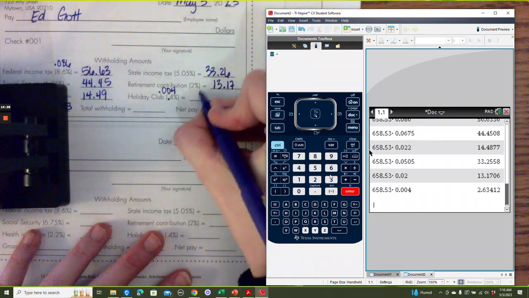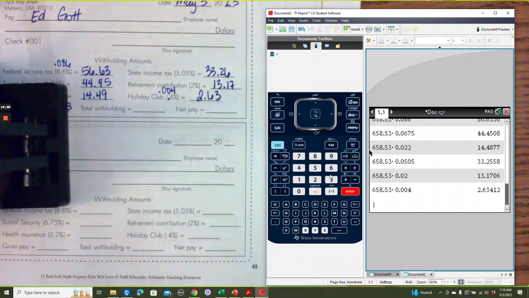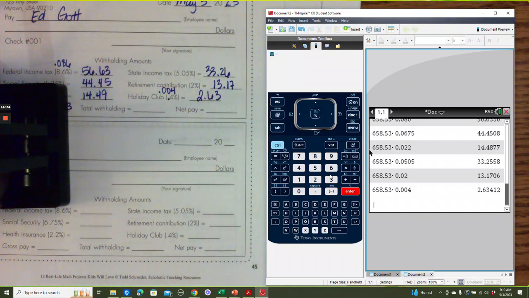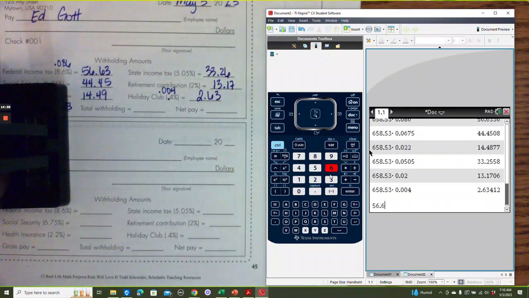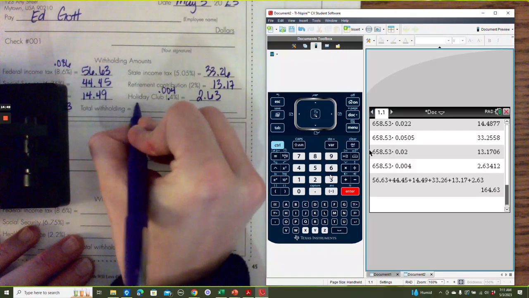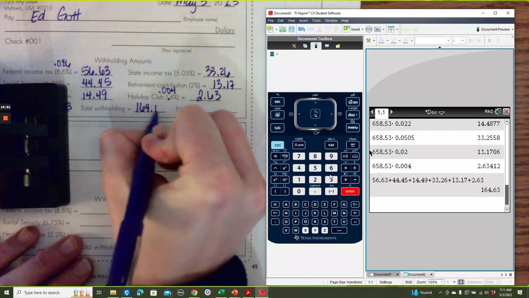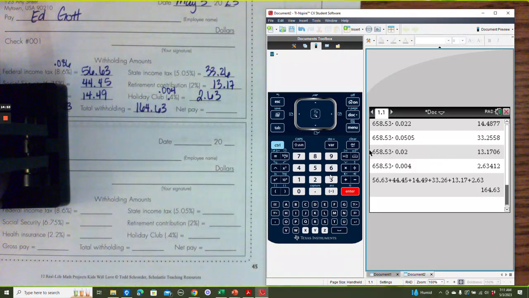So that's $2.63. Okay, so total withholding. I'm going to add these 6 numbers up. And that's his withholding, $164.63.